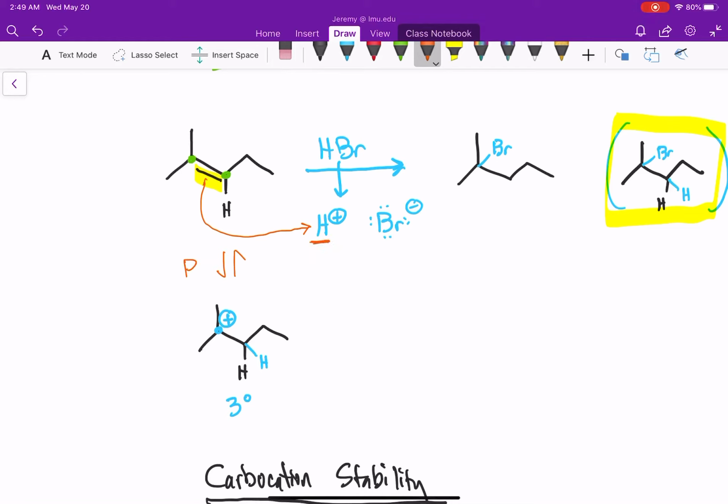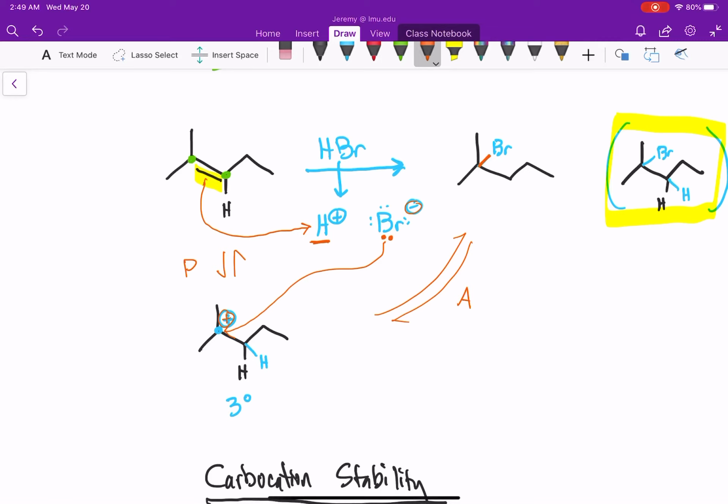Then what's the next step in the mechanism? It's very simple, right? This bromine is now going to attack that carbon. This carbon has a plus, this has a minus. This lone pair here is going to form a new bond. And we can call that an attack step.